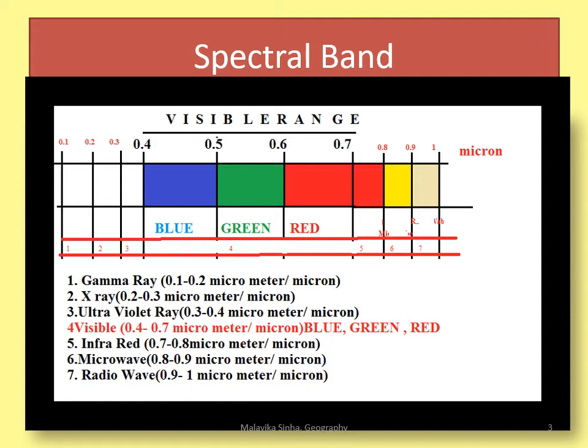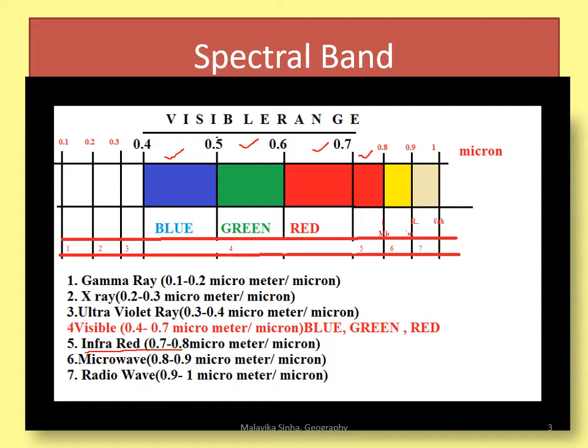From EMR we can get this spectral band, and this part, blue, green and red, better to say RGB, is the visible band. On the right-hand side of the visible band is the infrared band, most widely used in remote sensing.